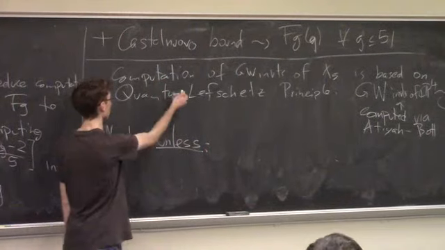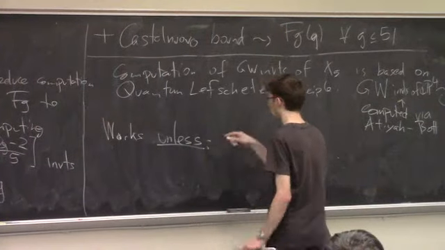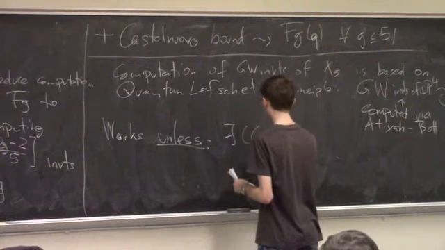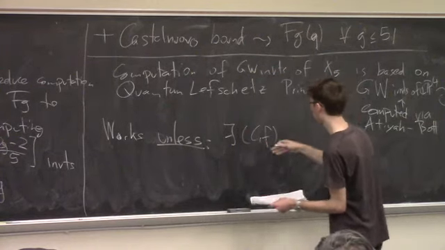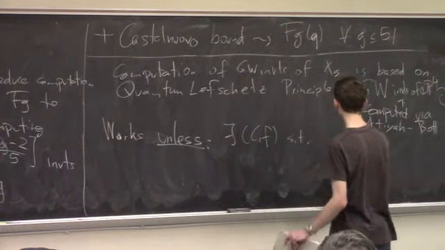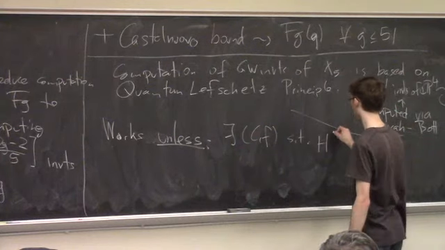But there's some issue with this principle. It doesn't always work. It works unless there exists a genus g curve with a map such that an obstruction space does not vanish.